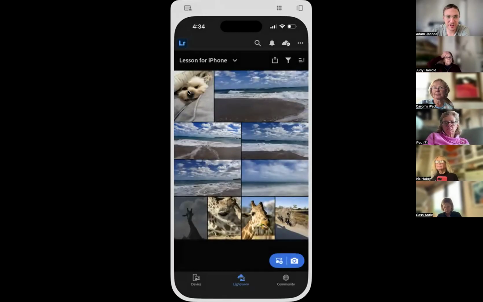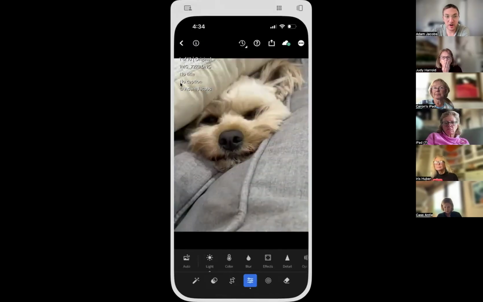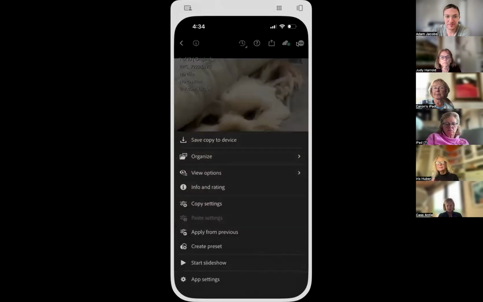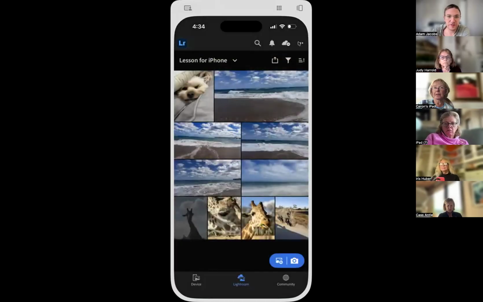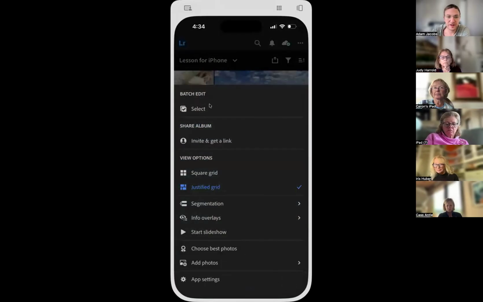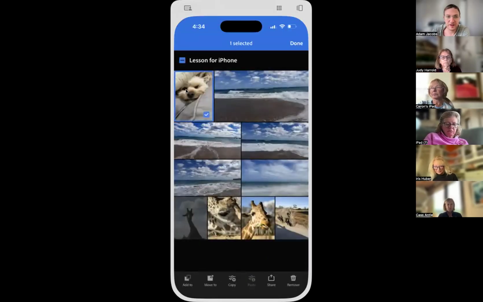I'll just pick a picture of my dog. If I want to delete individually, three dots. Oh no, actually you can't do it this way. Sorry, you have to do it this way. With the three dots here at the top, you select the top one, and then you just touch, and you can do multiple, or just one at a time.